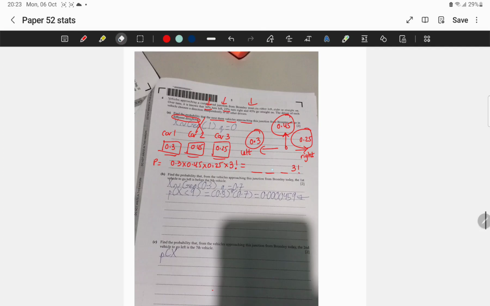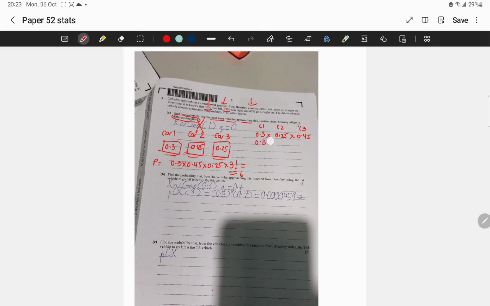Why 3 factorial? Because they're telling me that each car has to be different. If the first one goes, let's say, left, so it's 0.3, and then the second one goes right, 0.25, then the third one can go straight, 0.45. These are my probabilities, car 1, car 2, car 3. Now I can rearrange this. Actually 3 factorial is 6, so I get 6 possibilities I can show you.